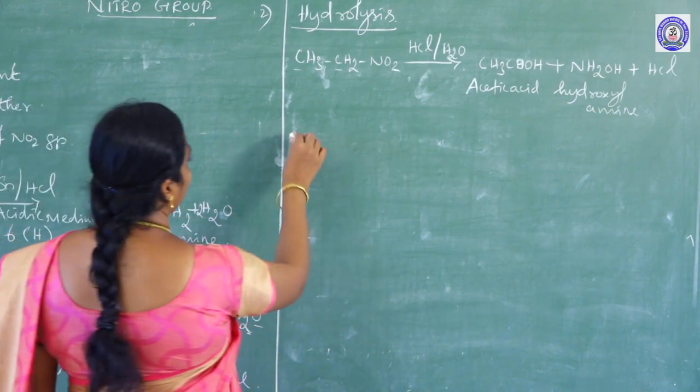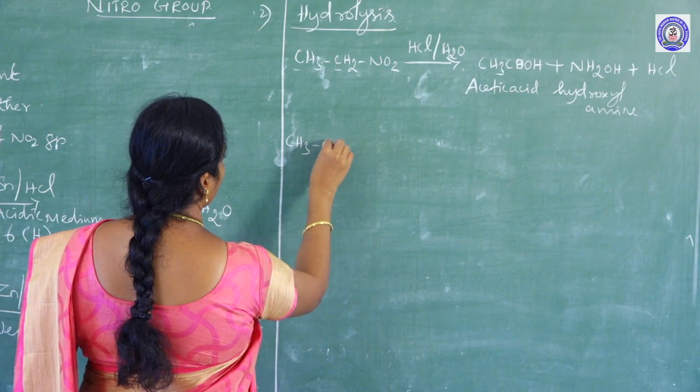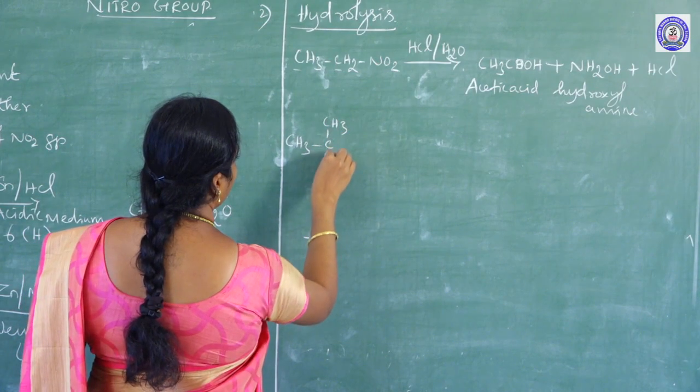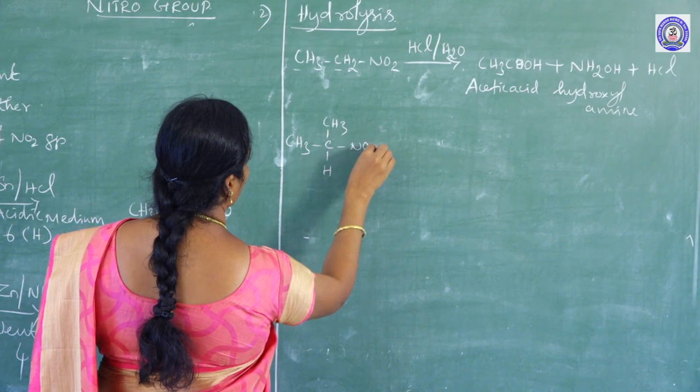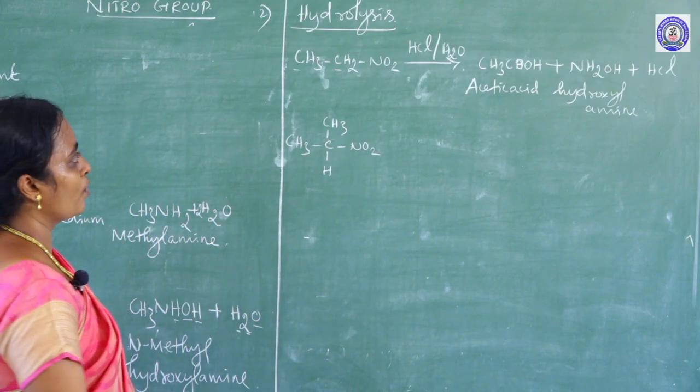And in the same way, secondary, that is CH3CH(NO2)CH3. This is a secondary nitro compound.